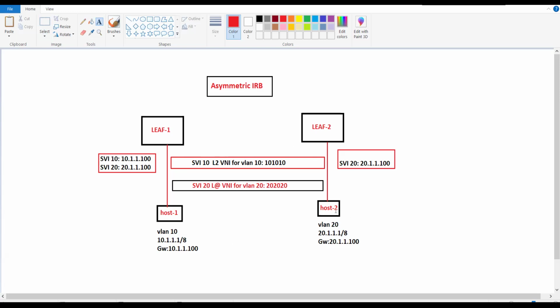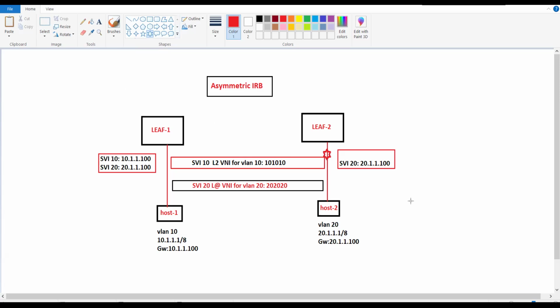When host 2 replies back, it sends the traffic to SVI 20. But because we do not have any database at leaf 2 for VLAN 10 or SVI 10, in the reverse direction our traffic will be dropped at leaf 2.